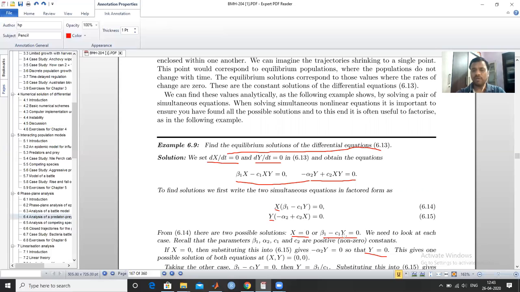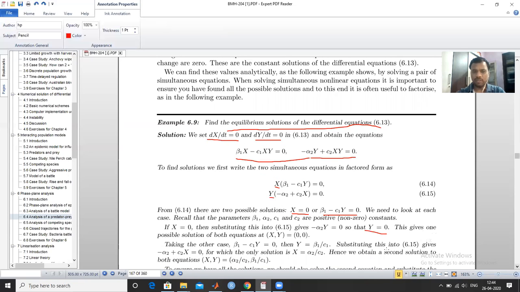And if you take y equal to beta 1 by c1 from the first equation and put it in the second equation, then you will get a different value of x. If you solve that, you get x equal to alpha 2 by c2 from equation 2.